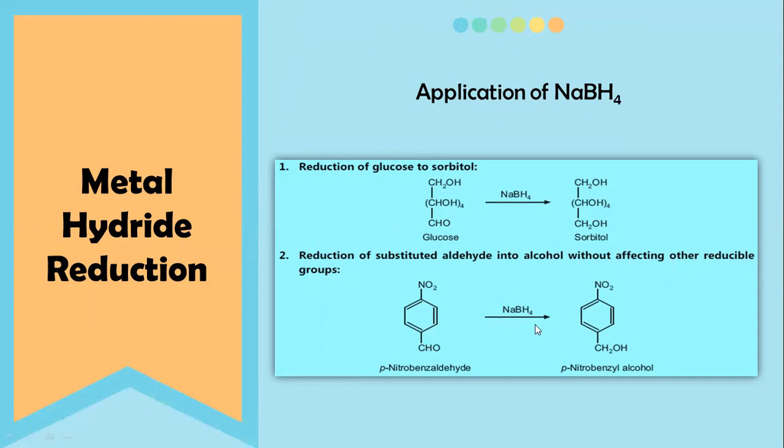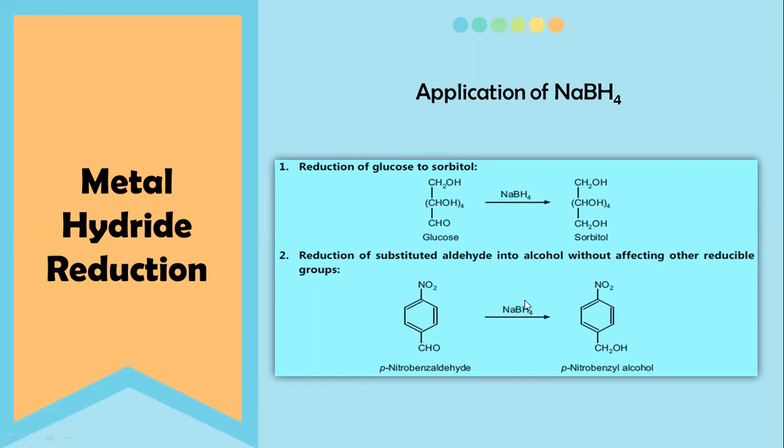Look at this reaction. Para-nitrobenzaldehyde, when reacted with sodium borohydride and alcohol, only the aldehyde group, CHO group, is converted into an alcoholic group.